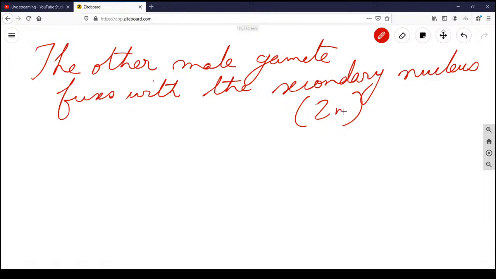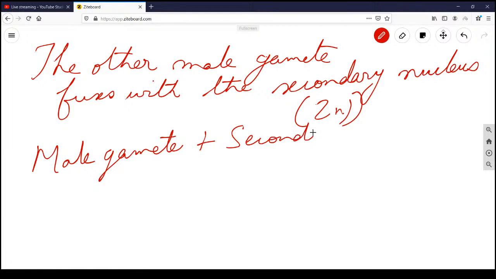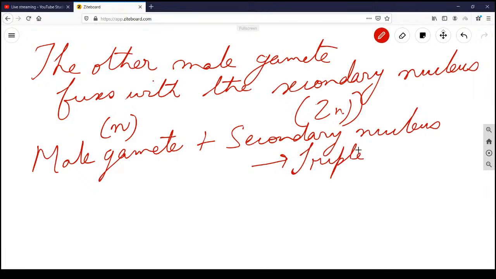That fusion is known as triple fusion because the secondary nucleus is of ploidy 2n and the male gamete is n. Male gamete plus secondary nucleus, n plus 2n, gives a ploidy of 3n. Three nuclei are involved, so it is triple fusion.